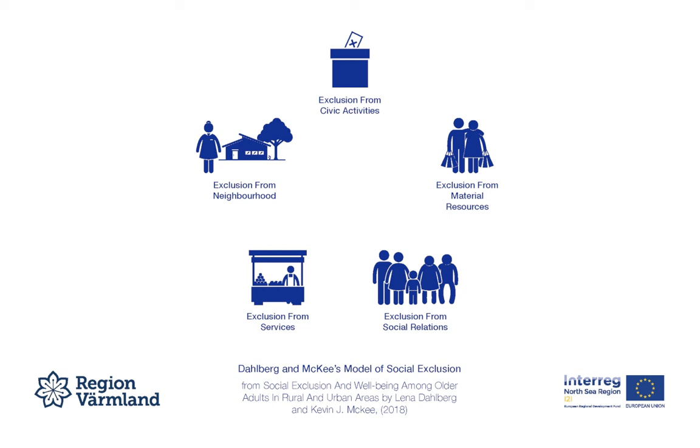We'll come on and talk in the later sections about this model in particular, the Dahlberg and McKee model, because that was the actual starting point of one of our initial workshop-based activities where we began to discuss the topic of loneliness and social exclusion with people in our community using this model and these particular headings.